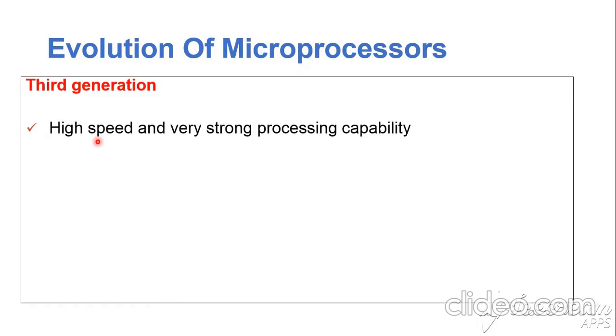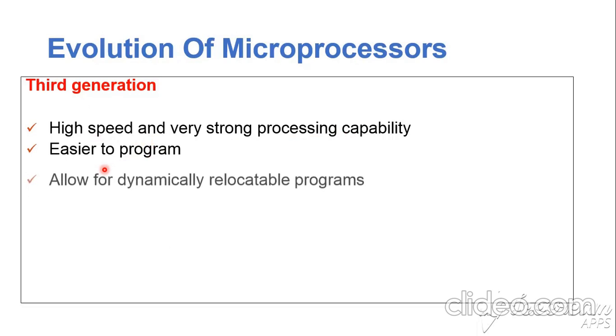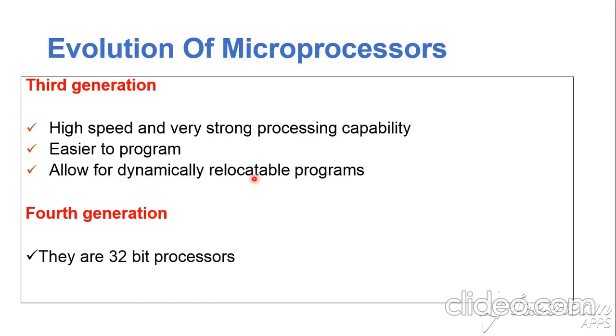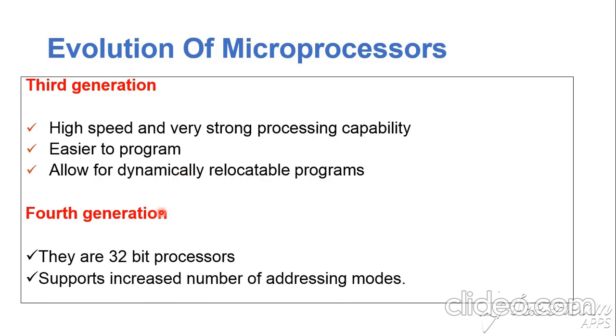Then came the third generation microprocessor with high speed and very strong processing capability compared to second generation microprocessors, and it is easier to program also, allowing dynamically relocatable programs. Then fourth generation microprocessors are mainly 32-bit processors, supporting an increased number of addressing modes also.